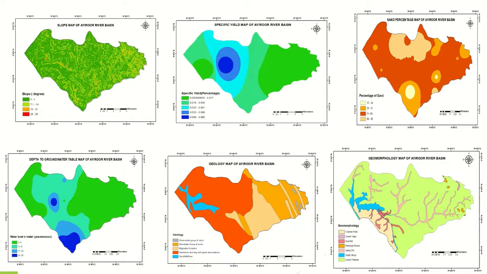And in the case of geology, the study area is mostly covered with sandstone and clay with lignite intercalations, followed by khondalite and pegmatite complex. And geomorphologically the basin is under lower plateau.